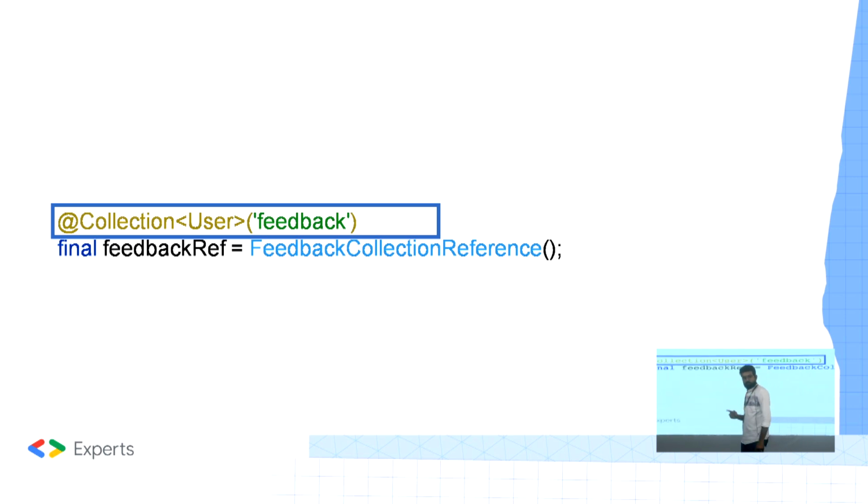Over here, I'm using an annotation called collection. Sorry for the typo. We'll be creating a reference called feedback. That's the name I've given it in the Firestore console. And below that, I have a line called feedback collection reference, and then you have to run build runner.